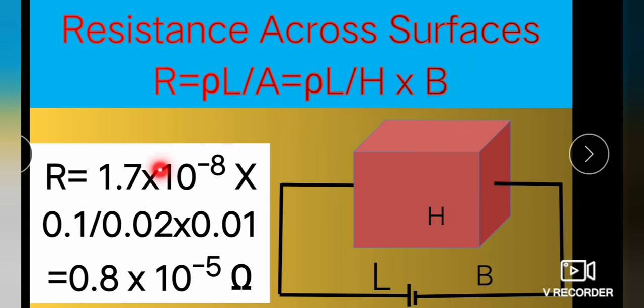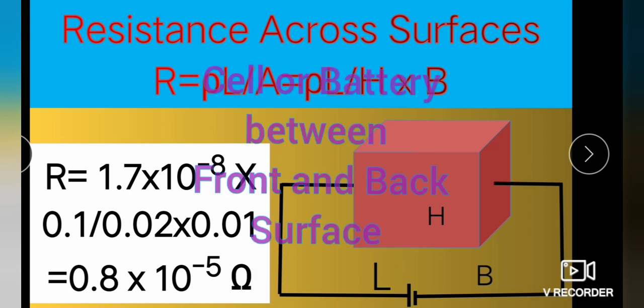So substitute the given values. Rho is equal to 1.7 into 10 to minus 8, length is equal to 0.1 meter, height is equal to 0.02 meter, and breadth is equal to 0.01 meter. The answer will be equal to 0.8 into 10 to minus 5 ohm.